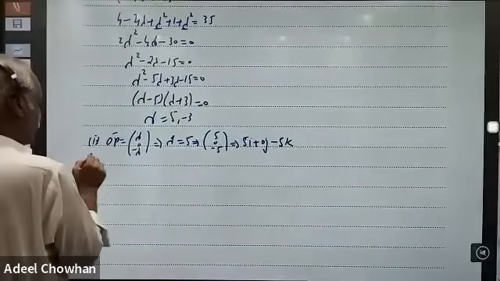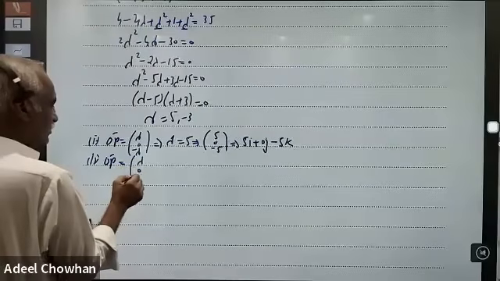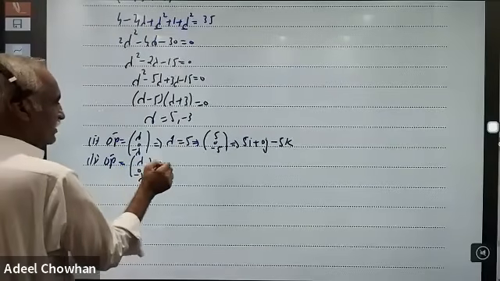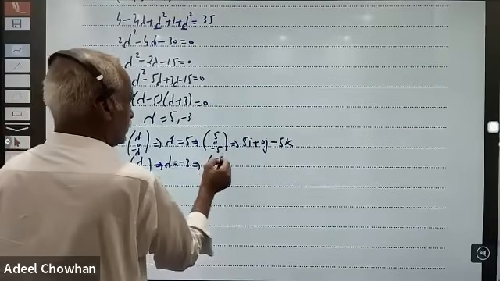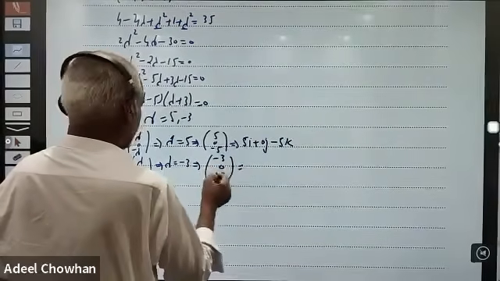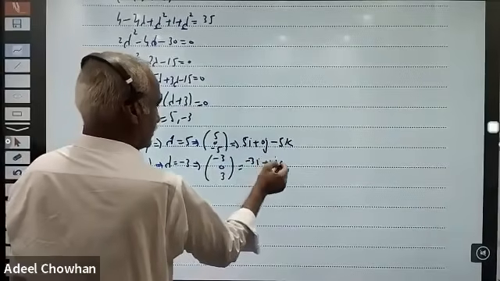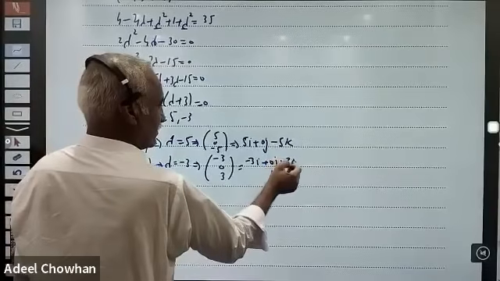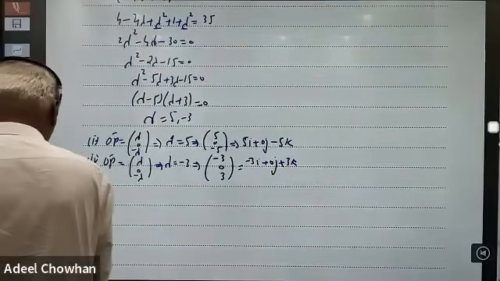And if OP is the same (lambda, 0, -lambda) where lambda is equal to minus 3, then it should be (-3, 0, 3), so minus 3i plus 0j plus 3k. So these are the two possible positions of this point P on this line.